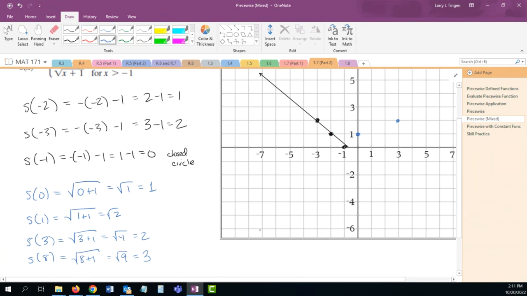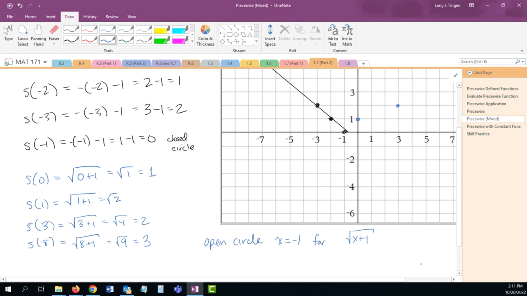The last piece I have to consider is the open circle where x is -1 for the square root of x plus 1, right? I know that when x is -1, I'm supposed to plug into that top row.